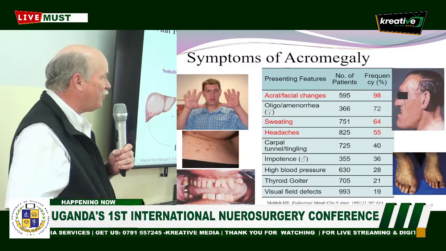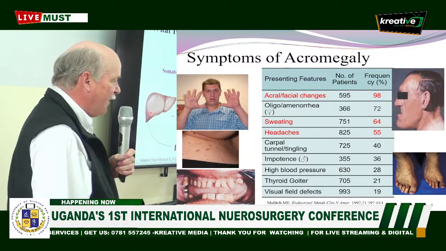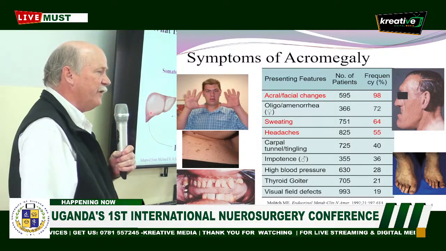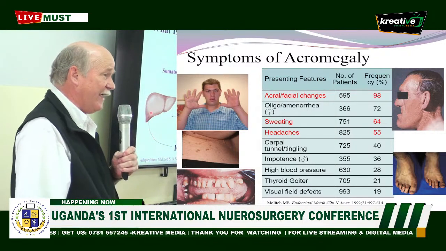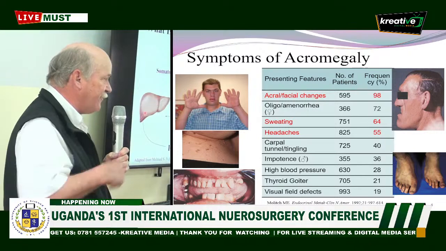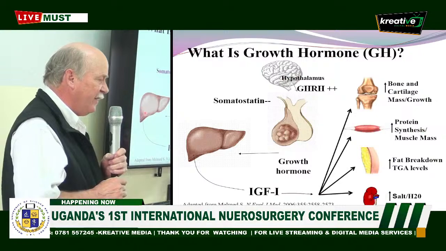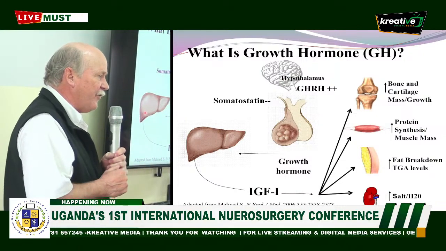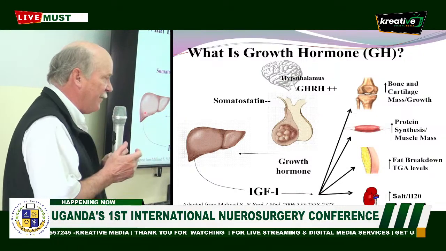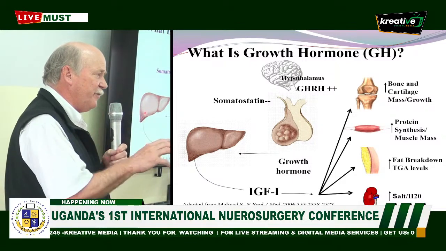So what is growth hormone? Growth hormone is essentially a hormone secreted by one of the cells in the anterior pituitary gland, and it's under the influence of the hypothalamus from growth hormone releasing factor. It's secreted through the portal hypophyseal system to the pituitary gland.